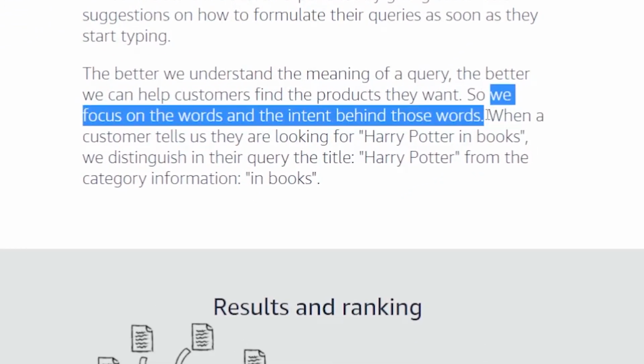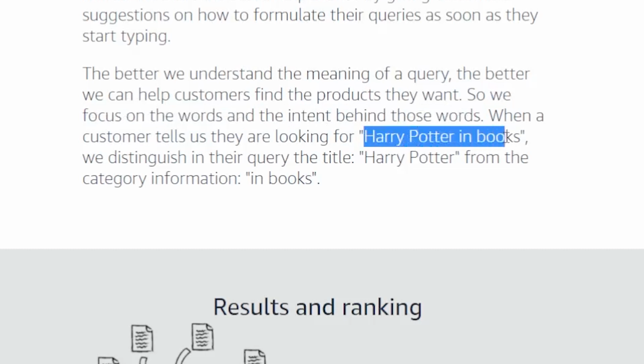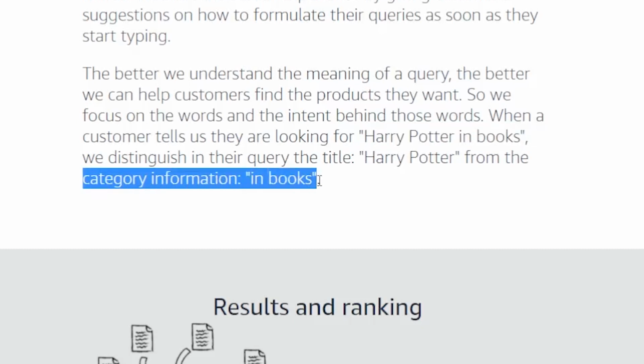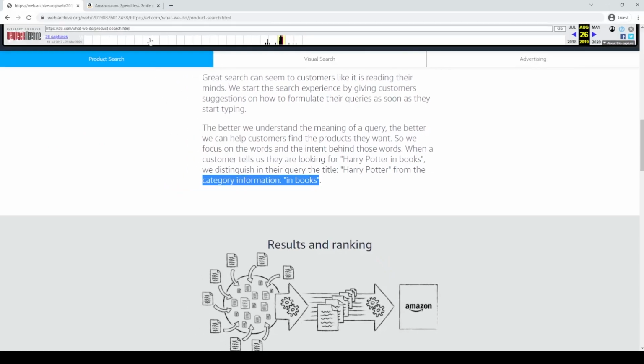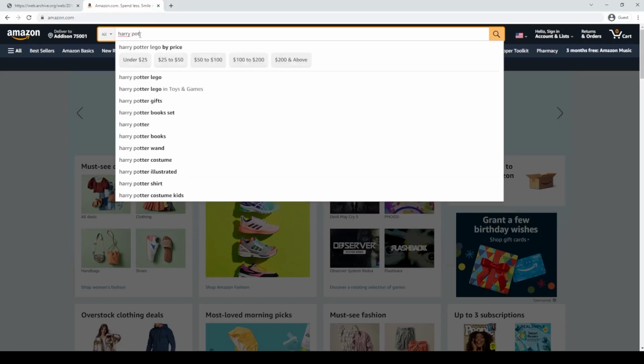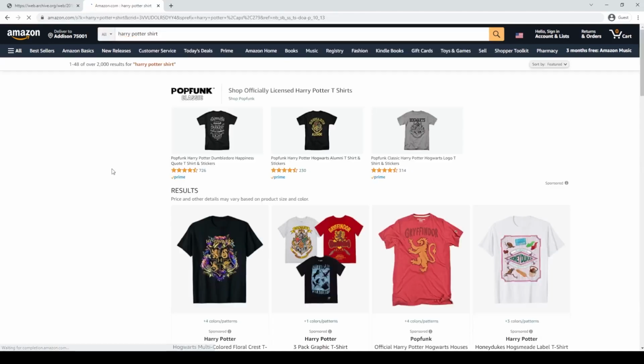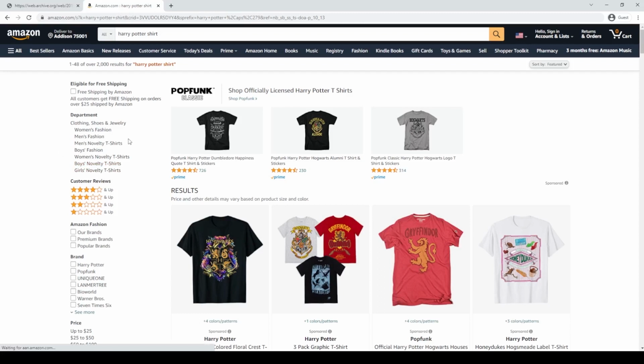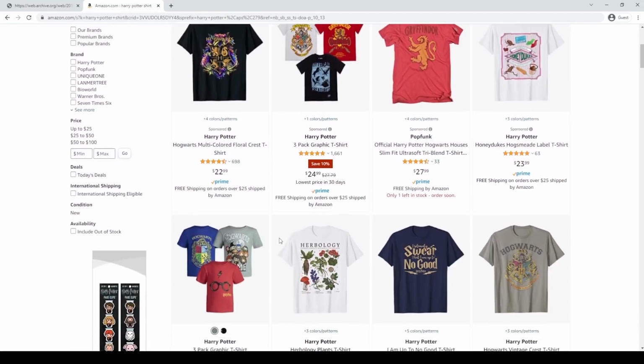And there is a simple example about this sentence here. So when a customer types Harry Potter in books, they show Harry Potter titled results in the books category. And if you write Harry Potter shirt, they don't show any book in the results. Let's try. As you see, they show the results only in the clothing category.